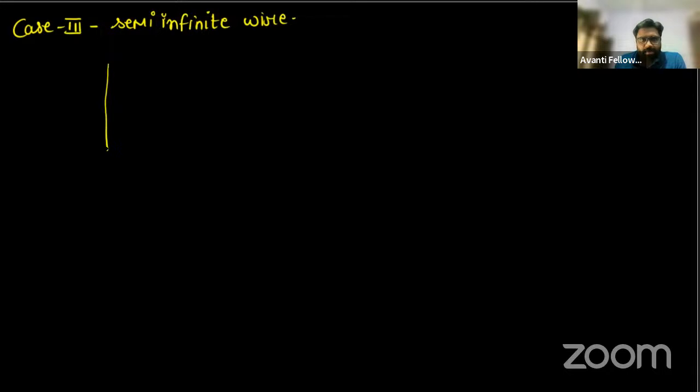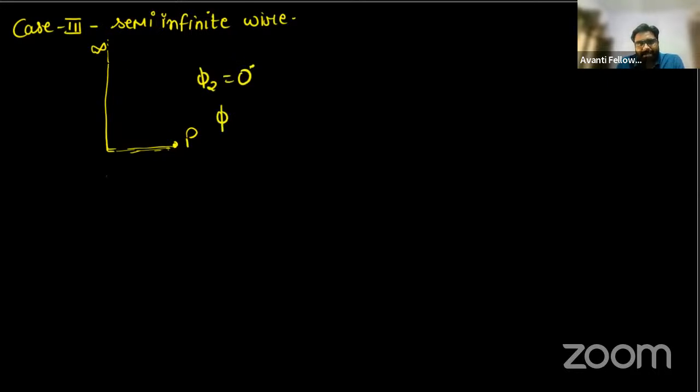Now the third case is a semi-infinite wire. Let's say the lower end is fixed, and this is point P here, and the other end is going to infinity. What about the angle phi 2? We measure phi 2 to the lower end, and the lower end is in line with P, so phi 2 becomes 0.